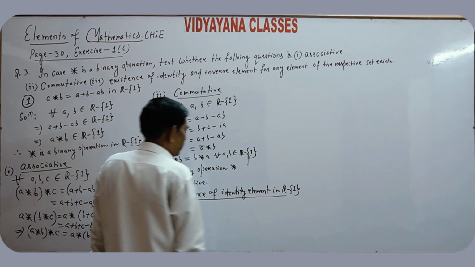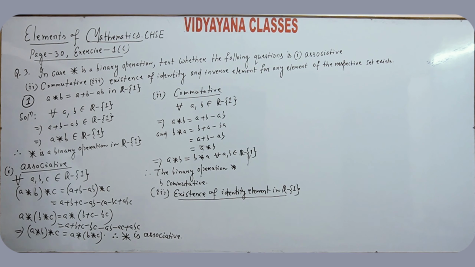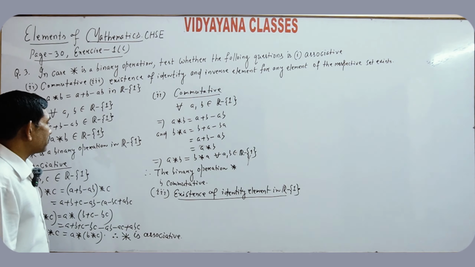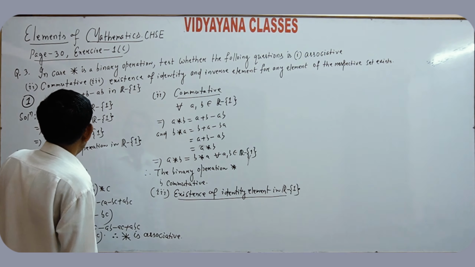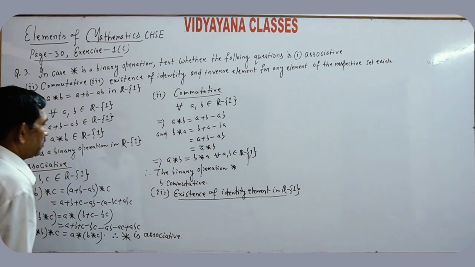Existence of identity element in the set R minus set of 1. Does it exist or not?